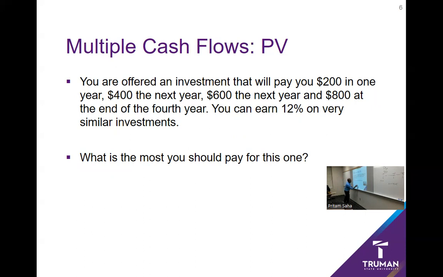Okay, I missed this: 400 here, 600 here, 800 here. What is the most you should pay for this one? Because you have to make an investment today, and that investment will generate these cash flows in 4 years, right? And the investment will generate a 12% rate of return. That means how much you should invest today. It means what is the present value today.